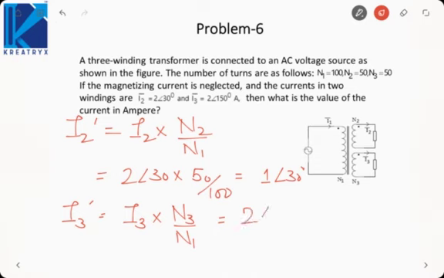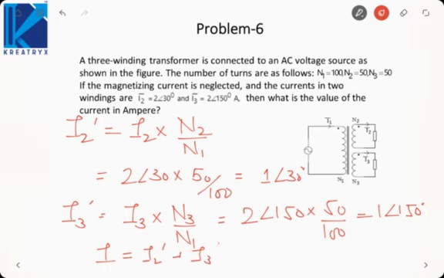So it is 2 angle 150 into 50 by 100, that is 1 angle 150. Now total current will be I2 dash plus I3 dash, 1 angle 30 plus 1 angle 150, it gives 1 angle 90 degree ampere.